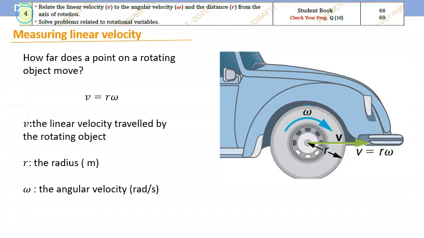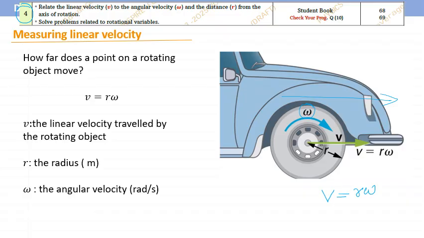So it will have omega. The car is rotating in a circular manner, and the car is moving in a linear direction, in straight line motion, right? So how much speed will the car be moving if the tire is rotating with an angular velocity of omega? This is the relation. The linear velocity that you can see in the car, like on a speedometer, that linear velocity v is equal to r omega.